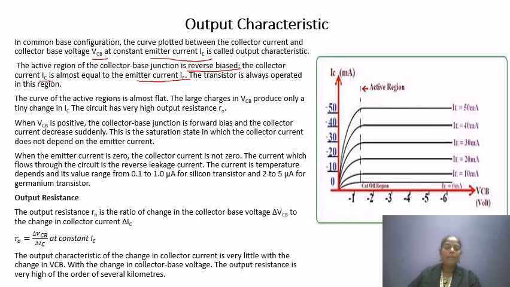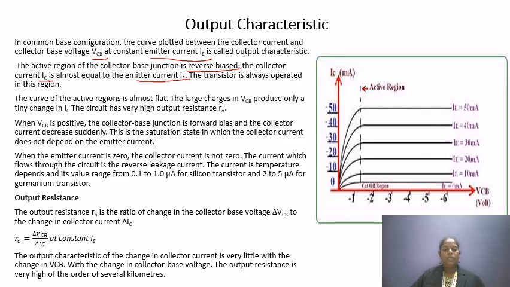When the emitter current is 0, the collector current is not 0, which is the leakage current. The current which flows in the circuit is the reverse leakage current. So it is very small, in the case of silicon about 0.1 microampere, but in the case of germanium it is in the range of 2 to 5 microampere.